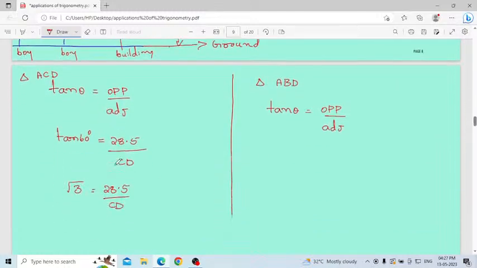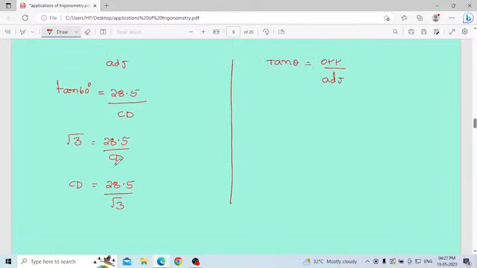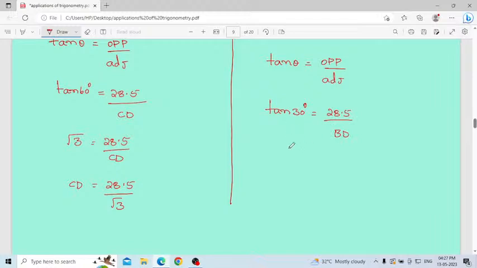We don't know the adjacent value, no? That's why we write it as BD. Then tan 30 degrees is equal to the opposite value, which is 28.5, over the adjacent, BD.